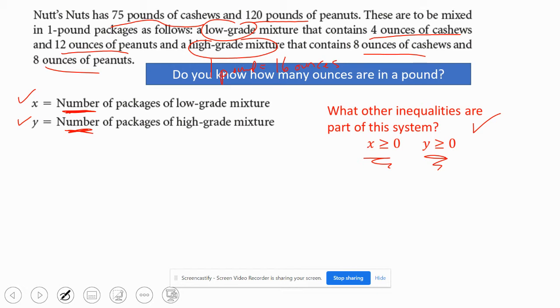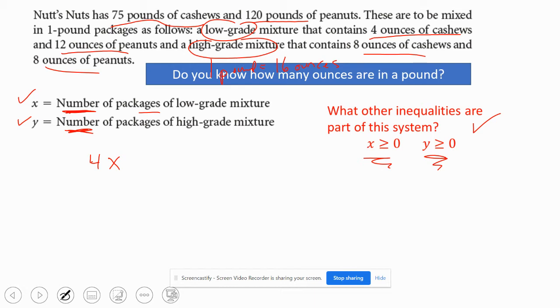So to get our equations, we need to think about, well, what does a low grade package of nuts have? It has 4 ounces of cashews, 12 ounces of peanuts. So if you want to think about it this way, this is the number of packages. For every package of low grade mixture, we have 4 ounces of cashews.